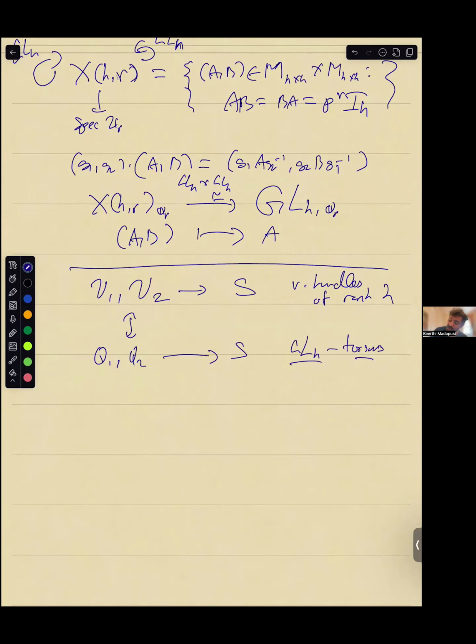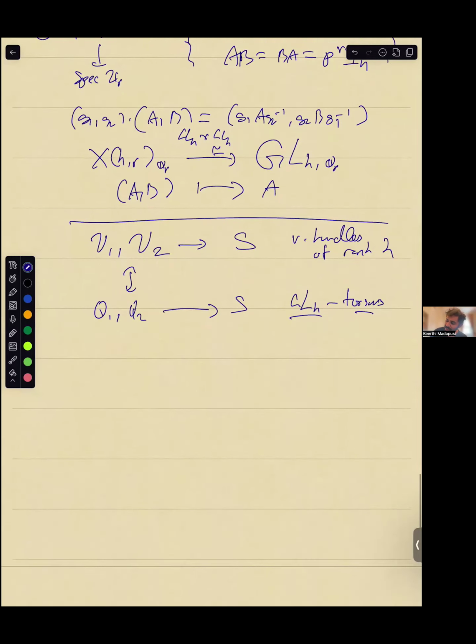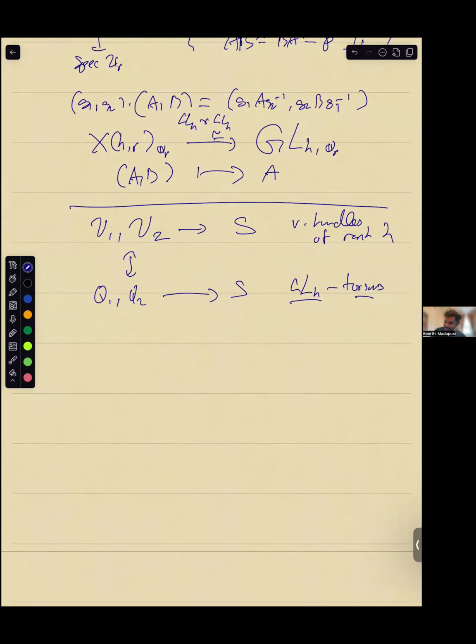These are the torsors parametrizing bases for V1 and V2. So in other words, when I look at Q1 times Q2, this is a GLH torsor.